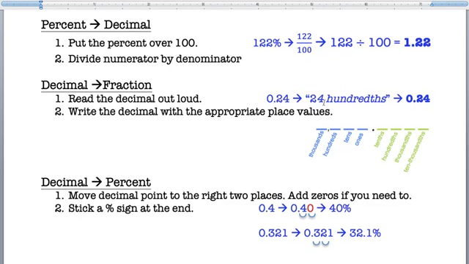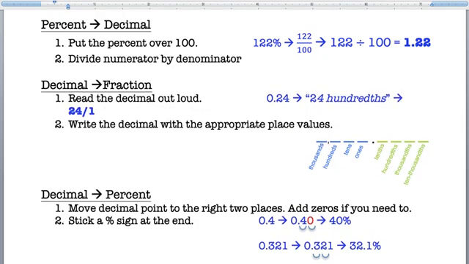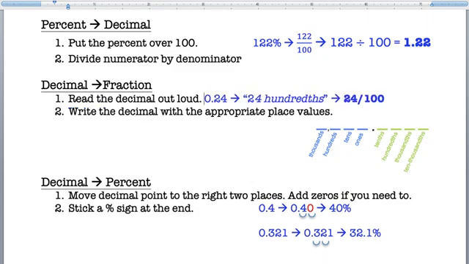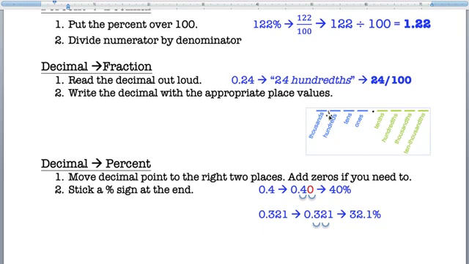From decimal to fraction, you can read that number out loud, and you would see that it is 24 hundredths. So you would change it to 24 over 100, 24 hundredths. Okay? So you got to know your decimal places.